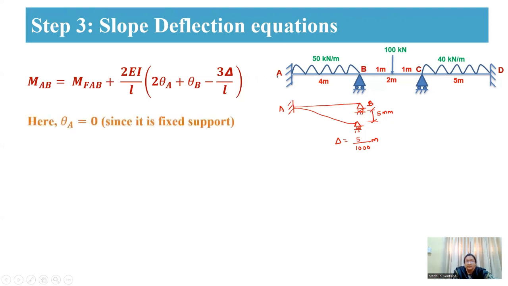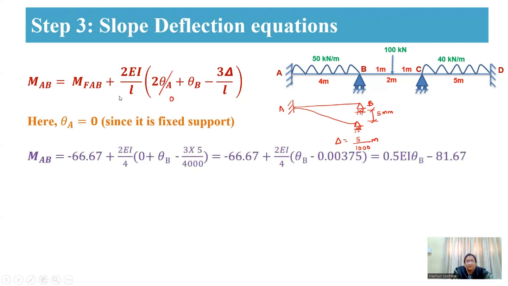And one more thing is, here A support is a fixed support. Therefore, theta A will be equal to 0 for this case. And then by substituting all these values here, the span 4 meters, EI is EI only, then the delta is 5 by 1000. When we substitute all this, you're going to get a simplified equation in this manner.